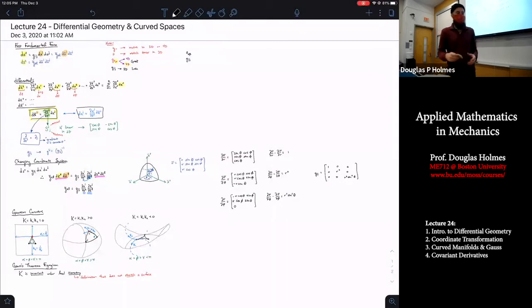We use this as a really simple way to calculate. Actually, I should go back even before me.